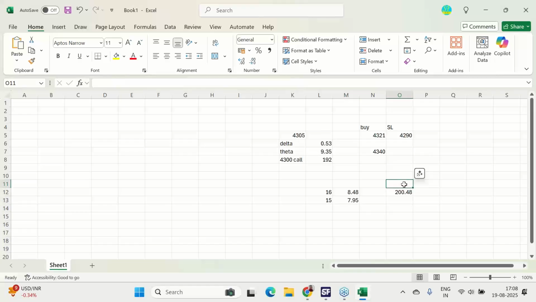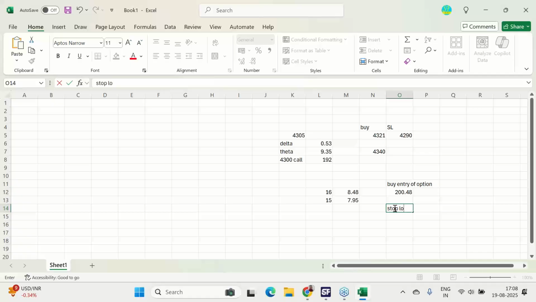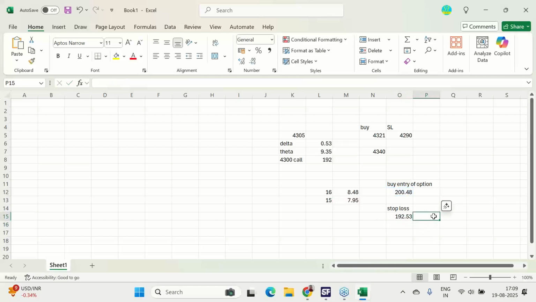This is my buy entry of the option, and my stop loss will be my buy entry minus 7 rupees 95 paisa. Not only the stop loss, what will be my targets?